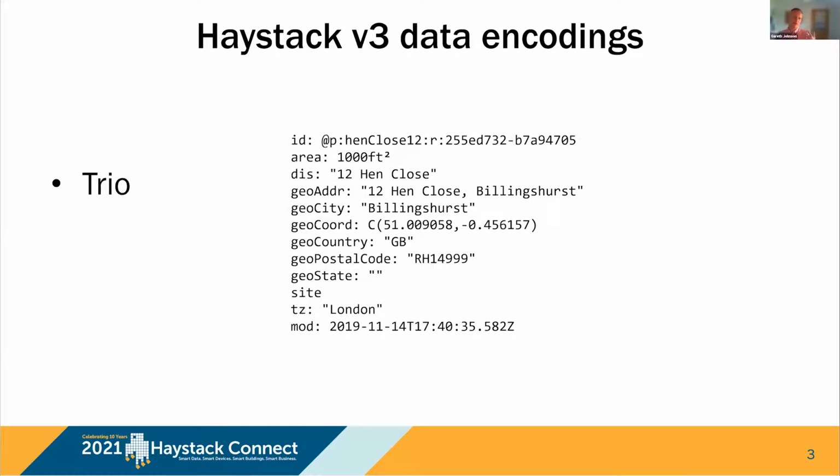Alongside that, we've got Trio. So Trio is more of a human readable take on Haystack data. Again, it's using that concept of those small granular Haystack types having their own encoding format, being first-class citizens in the encoding. So here, for example, you can read ID, area, we've got a display name.